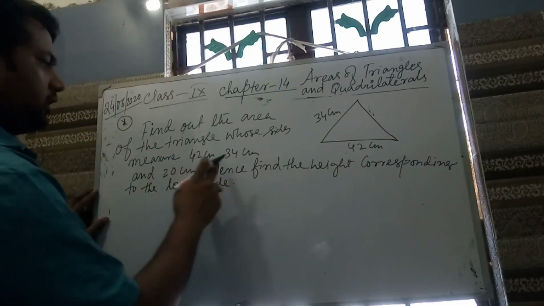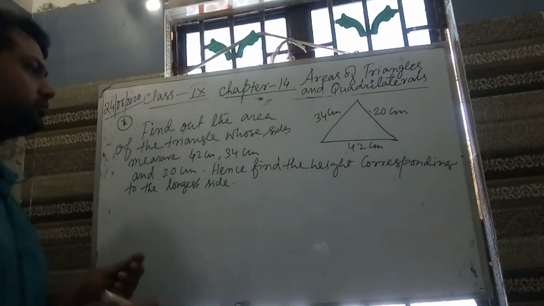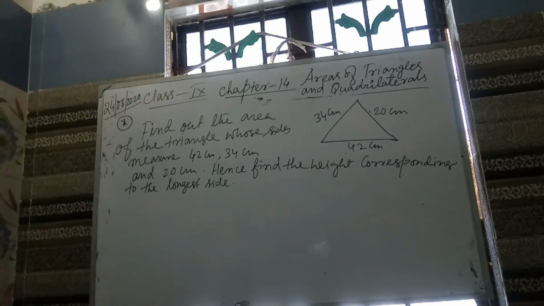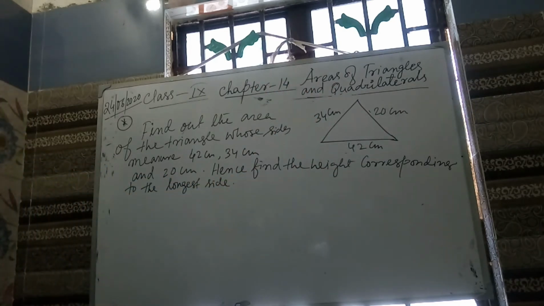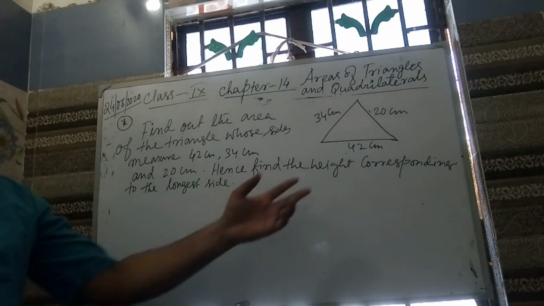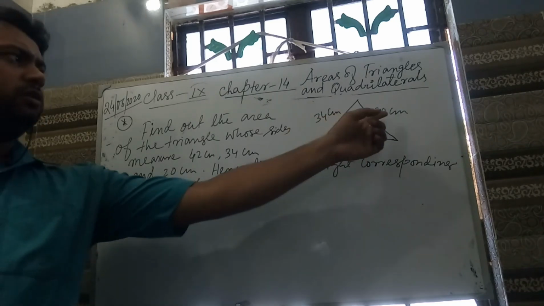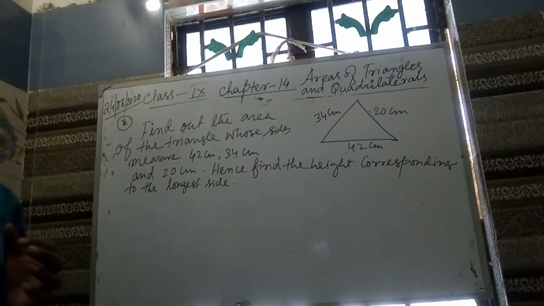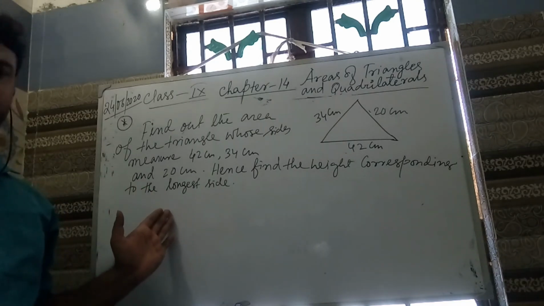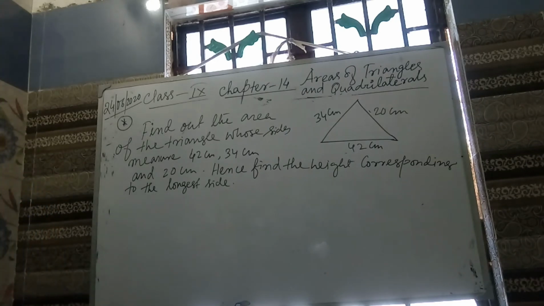42, 34 and 20 centimeter. So this is our triangle. We have drawn a rough sketch. We have taken 42 as the base, then 34 centimeter side and 20 centimeter side. First of all, find out area of the triangle using Heron's formula.